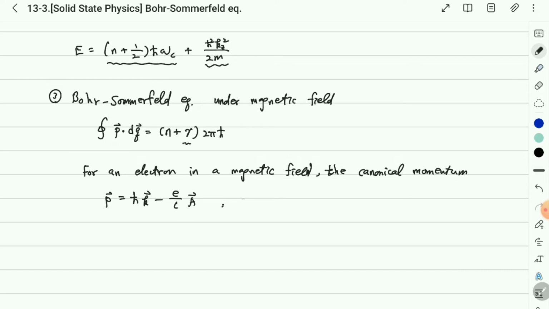And here q is the generalized coordinate. Let's denote the generalized coordinate by r prime.